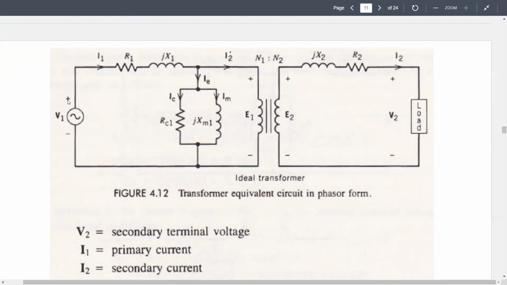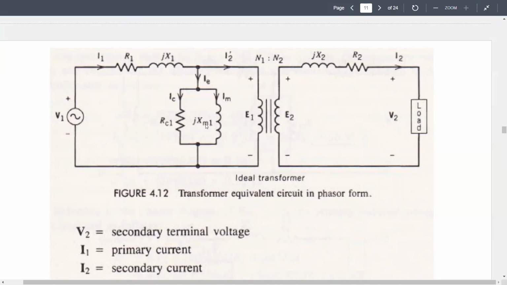So this is the power supply, and this is the primary side. You will have R1, that's the resistive component of the primary winding, and this is X1, the reactive component. The combined effect of them will give us the value of impedance of the primary side. And this parallel branch represents the core.